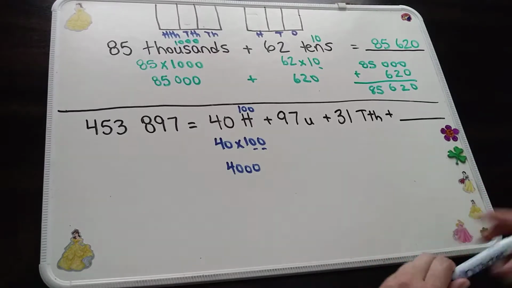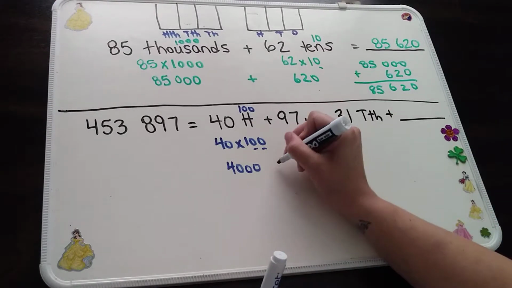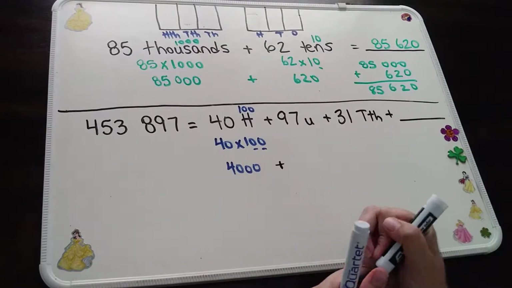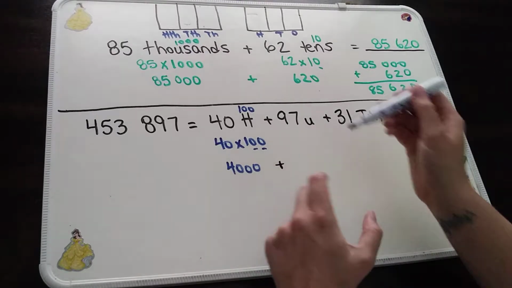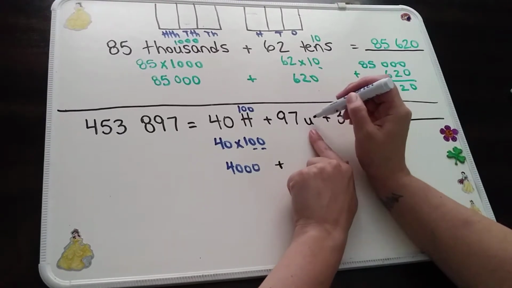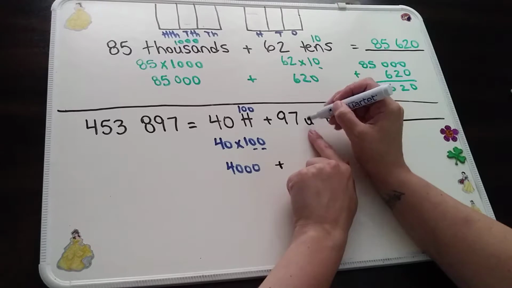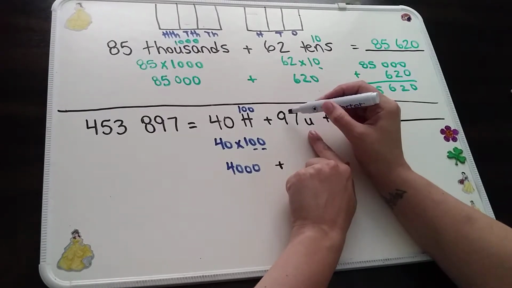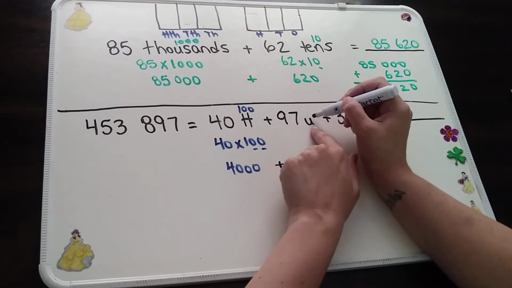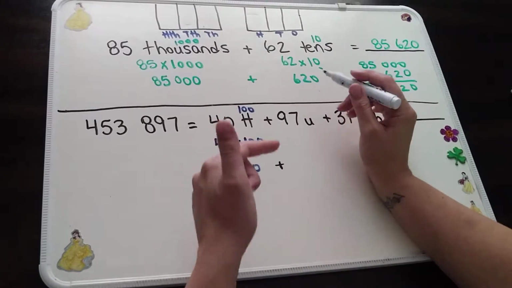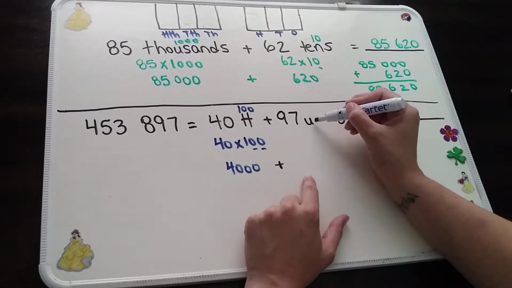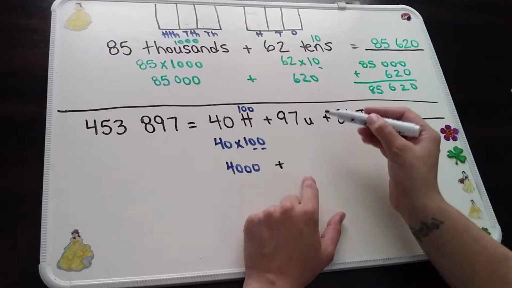Okay, to that, I'm adding 97 units, or 97 ones. The reason why you won't see an O for 1 here is that they wouldn't want to confuse you and put like 97 and an O. They don't want you to get like 970 or something, so they put the U in there for units, just in case.